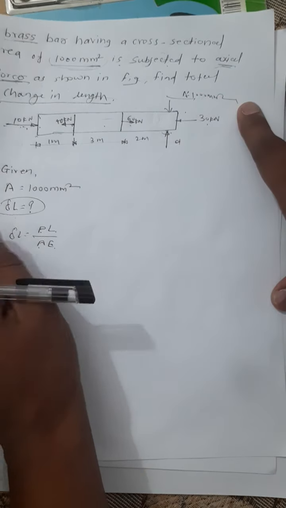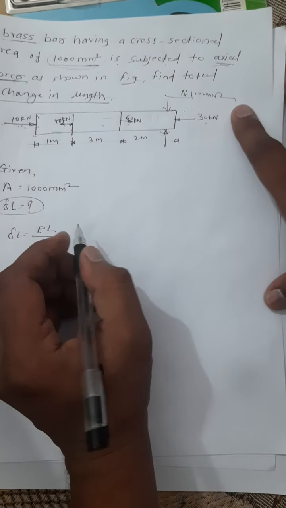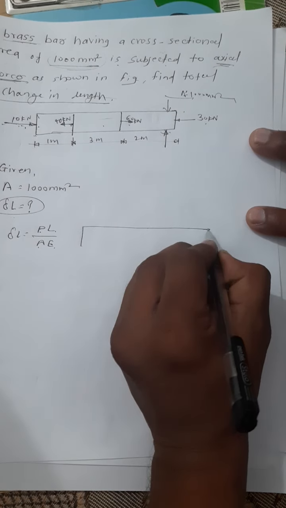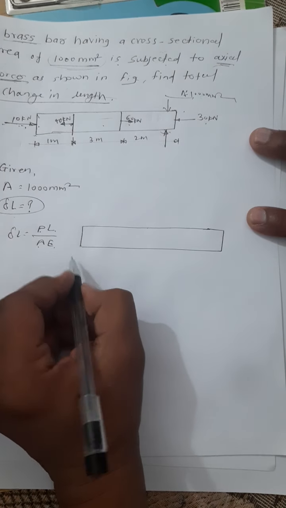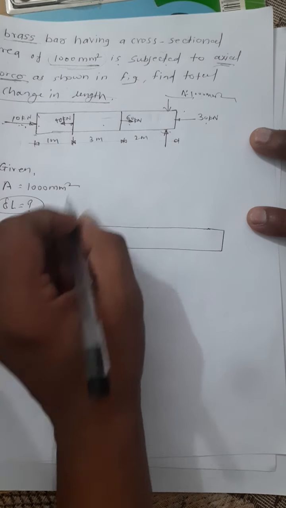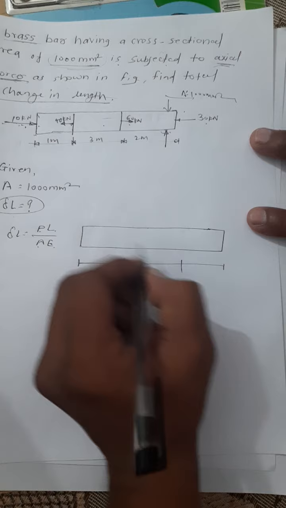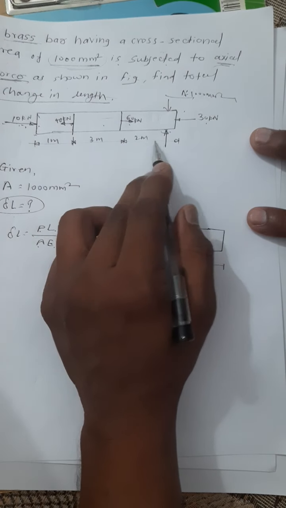Before starting this problem, we need to draw the same diagram again here, because we want to convert the units. The lengths are 1 meter, 3 meter, 2 meter.